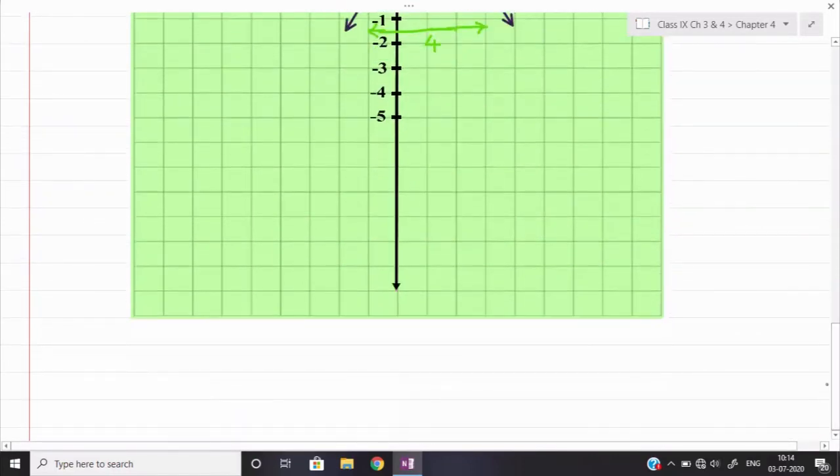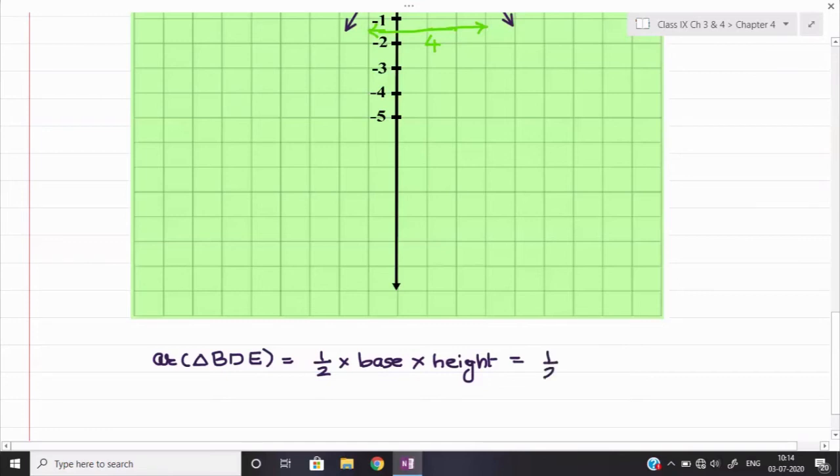So see, I will write down the area of triangle BDE. The formula is 1 upon 2 into base into height, right? Now further we can say it will be equal to 1 upon 2 into, what is the value of the base here?